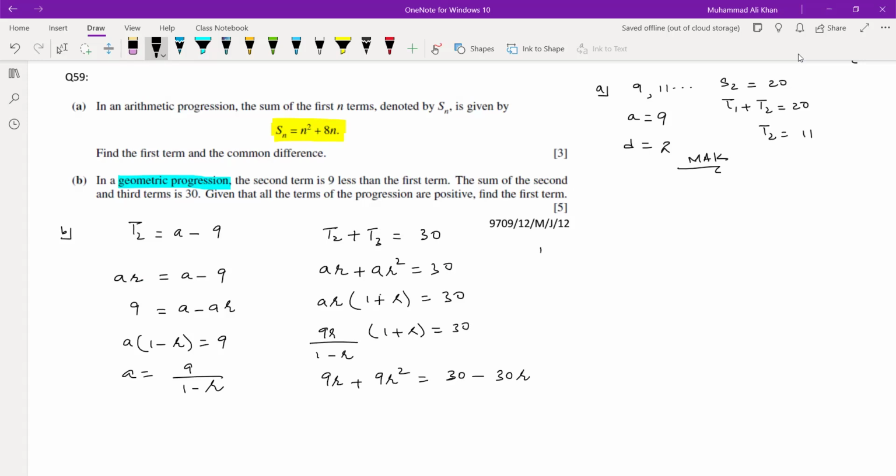So now 9r squared plus 30r, how much is it? 9r squared plus 39r minus 30 equals 0. What are the two values of r?